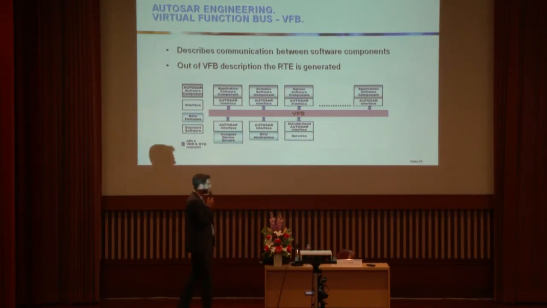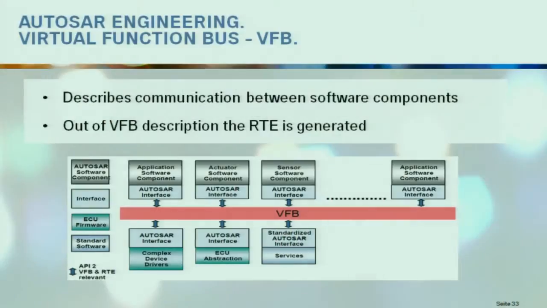Here is shown in detail. The virtual function bus knows the communication needs of each software component, and you have an interface to the runtime environment or to the virtual function bus.